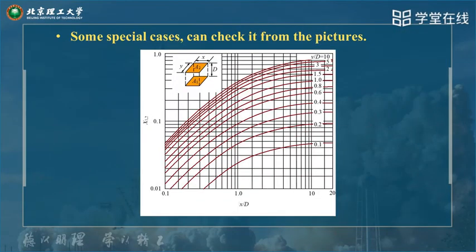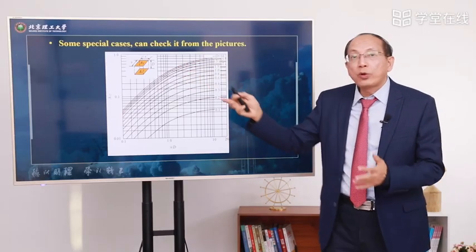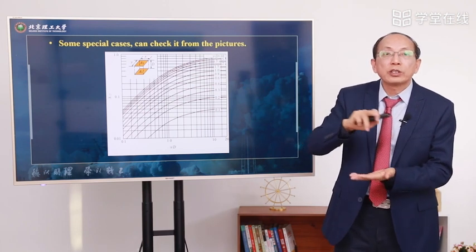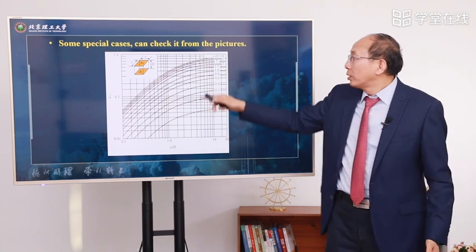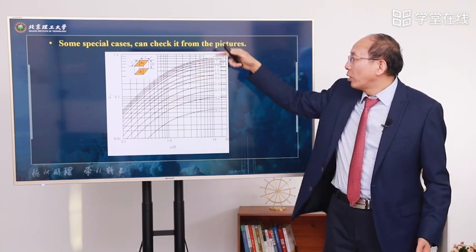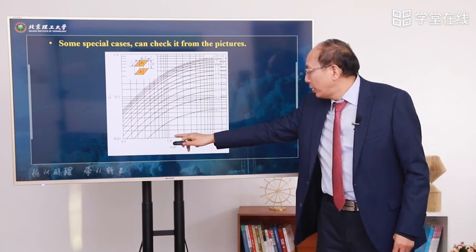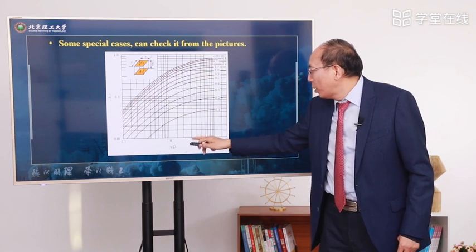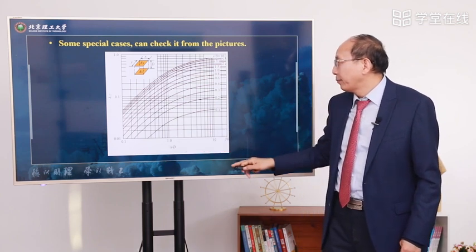Sometimes we can use a diagram to check the geometrical factor. For example, here are two square surfaces. The distance is d, the width is x, and the length is y. In this picture, x over d goes from 0.1 to 20.